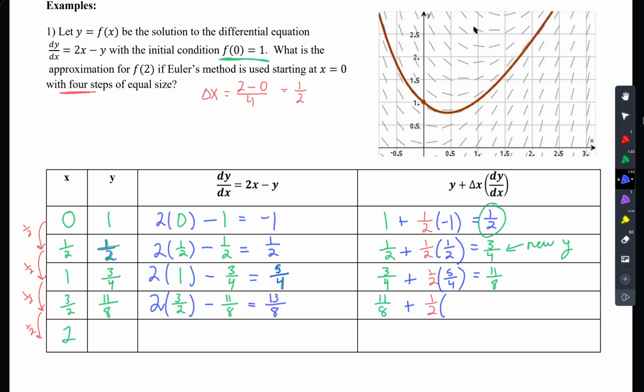I did the work over there to keep myself organized, and then do your fraction work, which you kind of suffer through if it's no calculator. So you get 35/16, is what I got. So 35/16 is the answer for that.